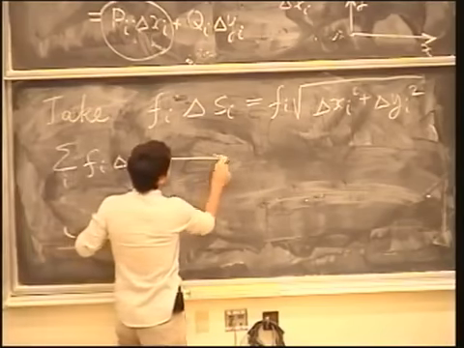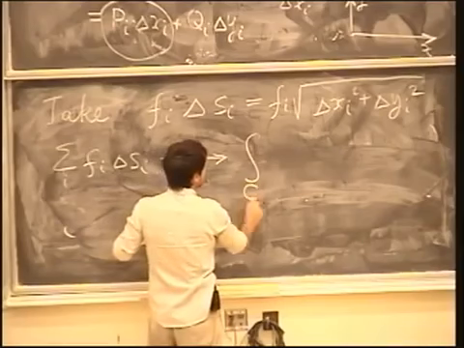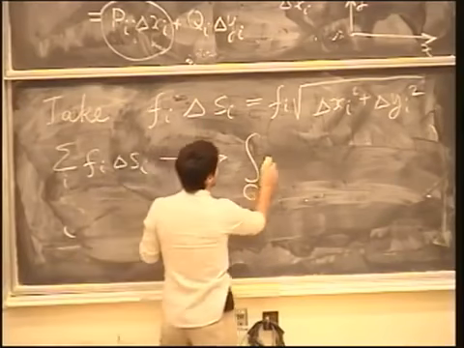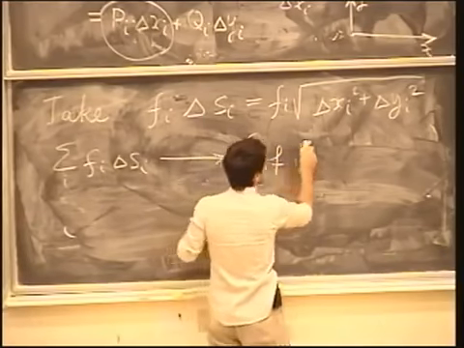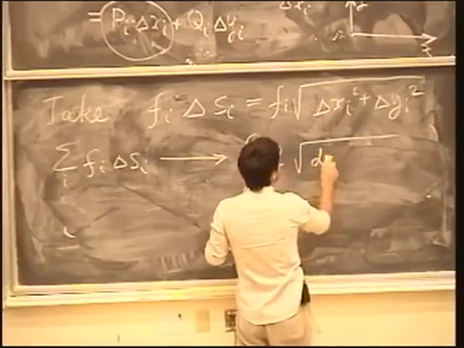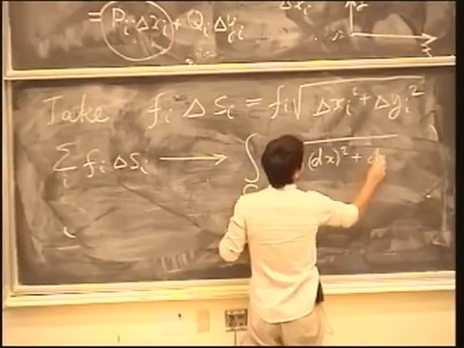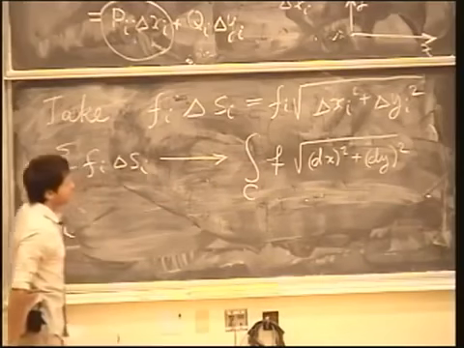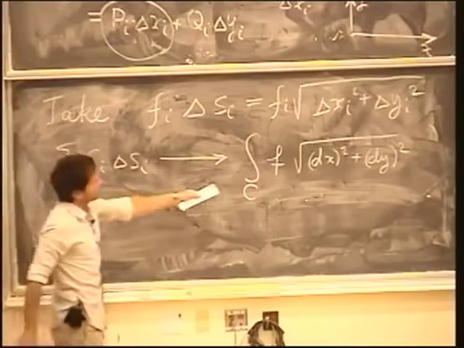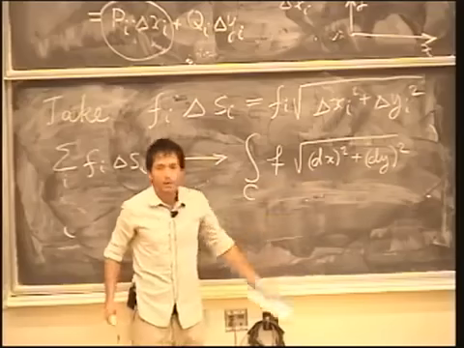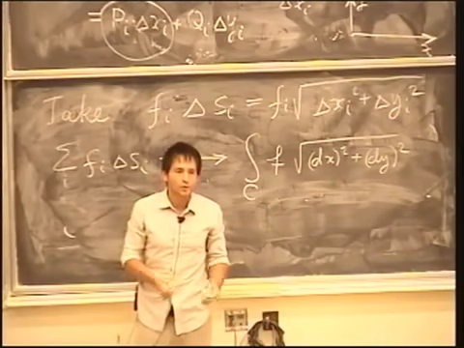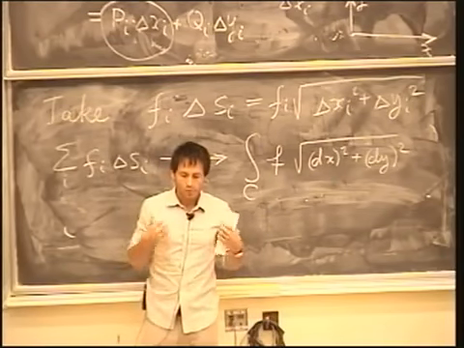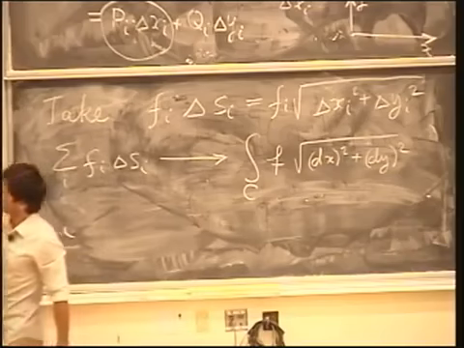this will tend to a different kind of integral, which will still be an integral over C, which we'll have f times the square root of dx squared plus dy squared. So then, of course, we ask, what does it mean to have such an integral? Well, to do justice to such an integral, we really should parameterize the curve the way we did here.